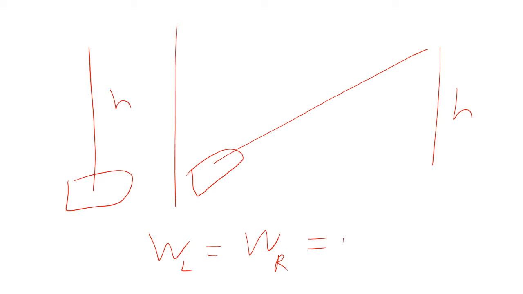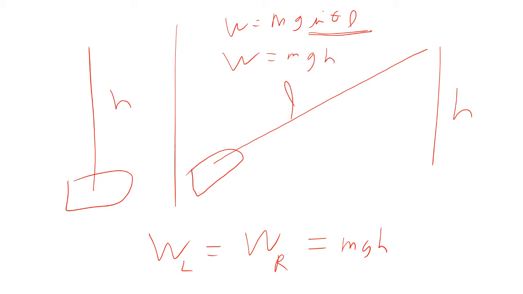The work on the left is mgh. On the right, the force is mg sine theta times L, but L sine theta is h. So work equals mgh, just like it was over on the other side.